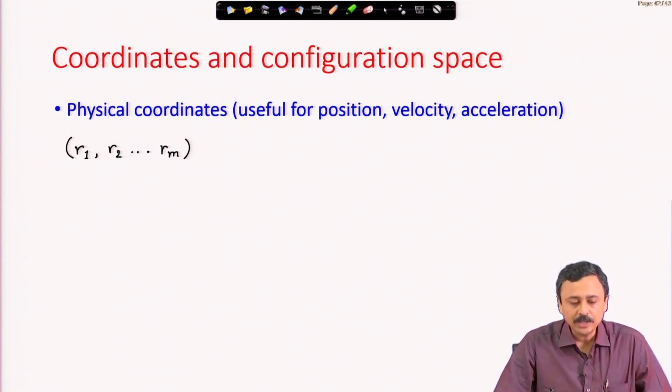So, physical coordinates we will represent as R1, R2 up to Rm. There are m physical coordinates. Suppose we have m physical coordinates, we are now generalizing things.